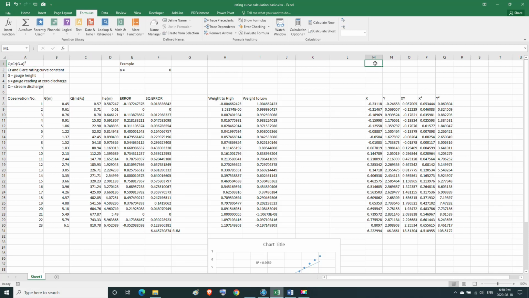So we type N, beta, B, and CR. Then N equals the number of the observed data, which is 23.